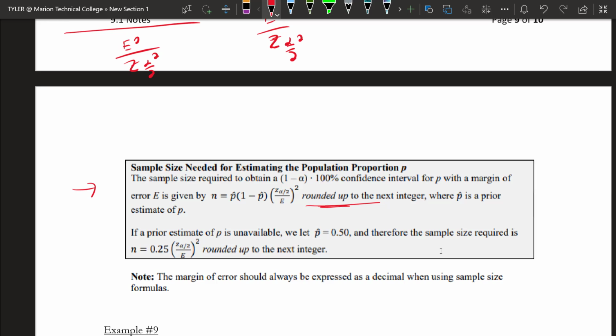And then the next statement says that if you don't know what p hat is equal to, you're going to let p hat equal 0.5. So you're going to plug in 0.5, which gives 0.25, because you would take 0.5 times 1 minus 0.5, which equals 0.5 times 0.5, which equals 0.25.